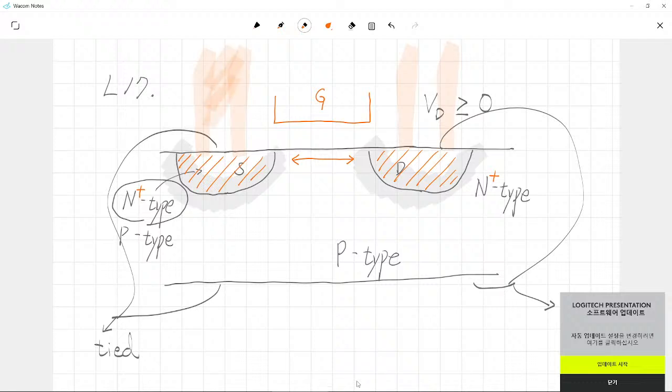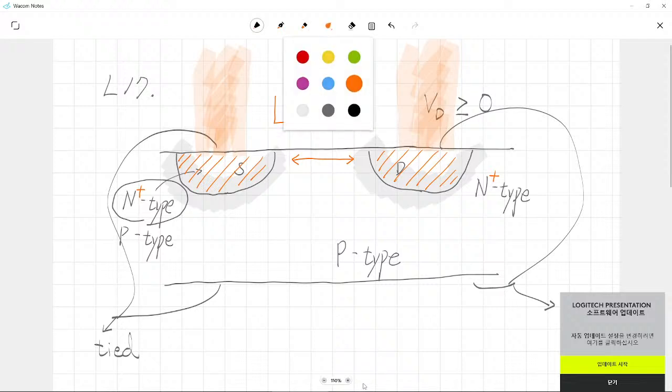This is fabricated on top of our source and drain region, and it has its own name. It's usually called a via.